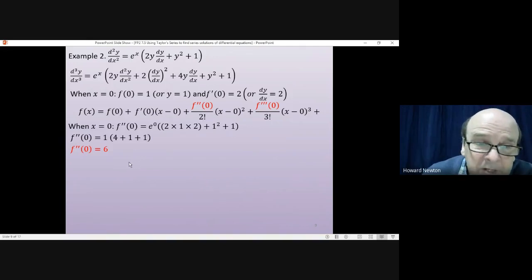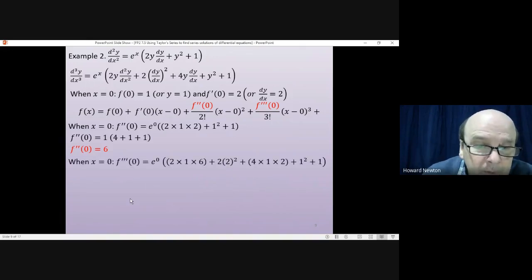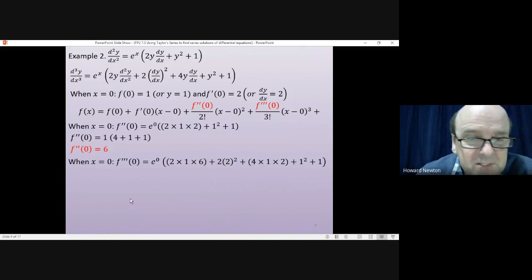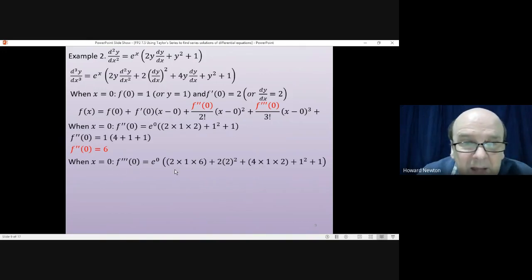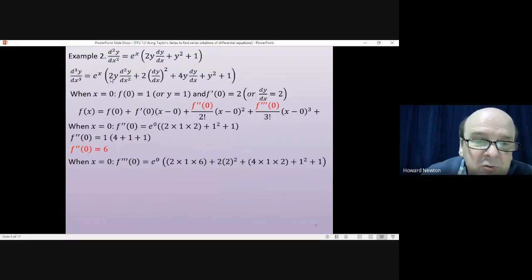Now we need to do the same thing again for the third differential using this equation that we worked out in part 1. So when x is equal to 0, d3y by dx cubed is the same thing as f triple dashed of 0 when x equals 0. And we've substituted into here everything that we've either been told in the question or know.